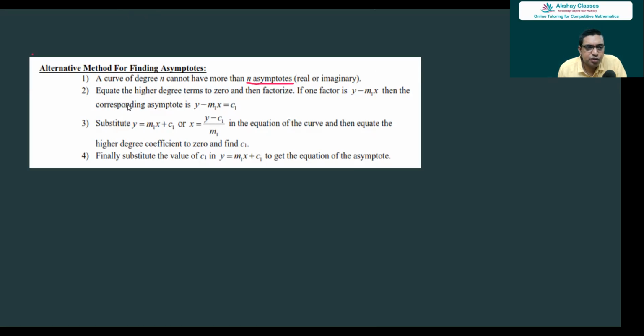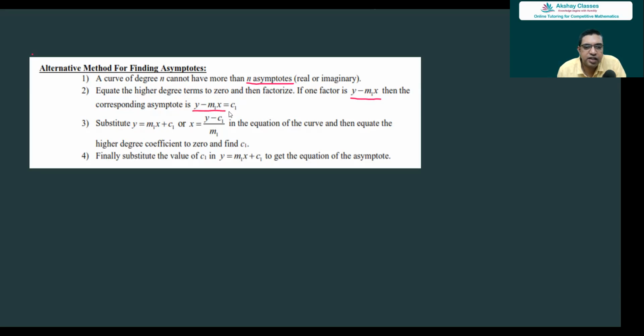When we write the equation of the curve, equate the higher degree terms to 0 and then factorize. And if y minus m1x is a factor, then correspondingly we'll get one asymptote, y minus m1x is equal to c1.